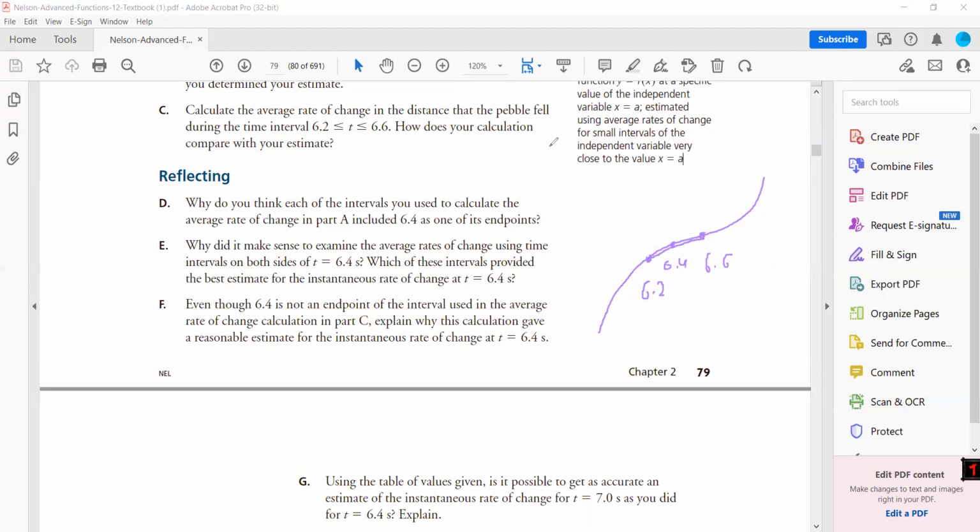So taking two values to the left and right hand side of the middle value also gives us a reasonable result. So let's move on.